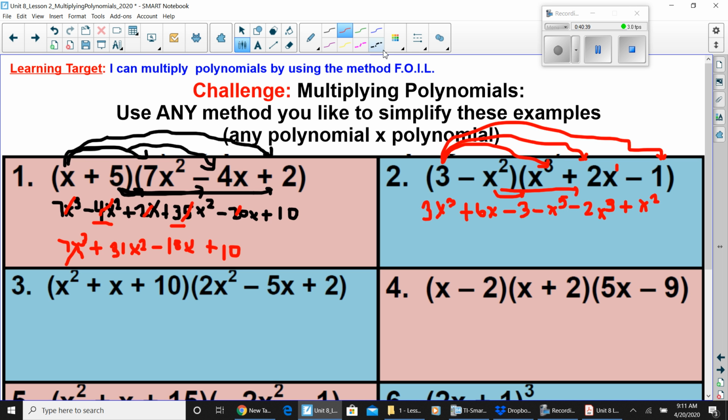Now we have to combine this mess. Let me switch to blue. I have an x to the fifth, so I'm just going to write it as a negative x to the fifth, and I'm going to put that first. It's the largest exponent. Now I'm going to look for a fourth. There's no fourth, but I do have third and a third. So I have 3x to the third minus 2x to the third, which is 1x to the third. I'm just going to put x to the third.